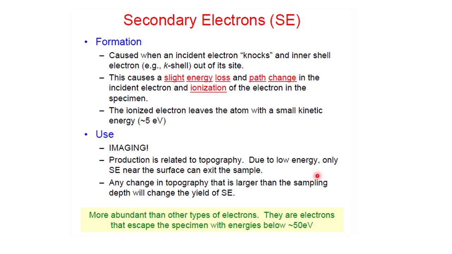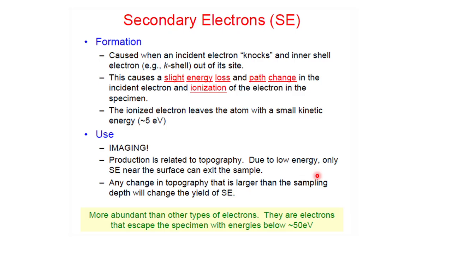Now, what is the secondary electron? This is almost the same as what we discussed during XPS. Formation is caused when an incident electron knocks out an inner shell electron, for example, let's say the K shell. This causes slight energy loss and changes the path of the incident electron, and it will ionize the atom, of course, since the K shell electron is now knocked out.